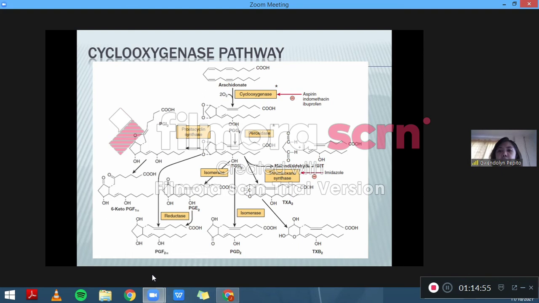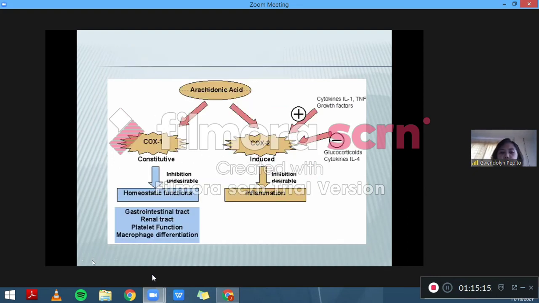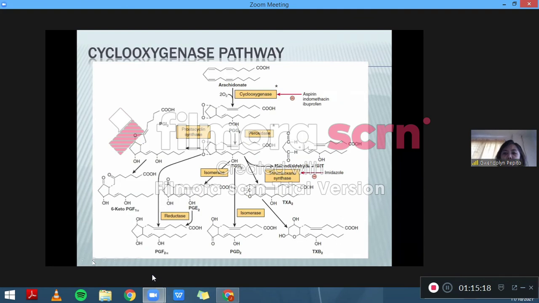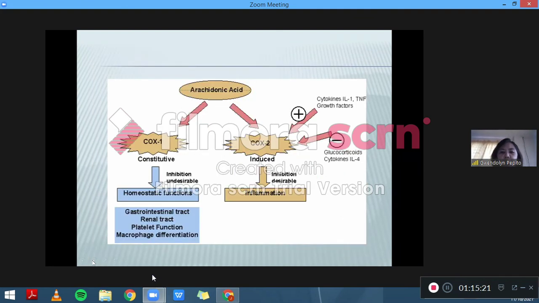Your book also mentioned the difference between COX-1 and COX-2. I don't know if I have that slide here. Okay. So COX-1 and COX-2 are different types of enzymes. COX-1 is constitutive, meaning it is always released by our body, by the cells.